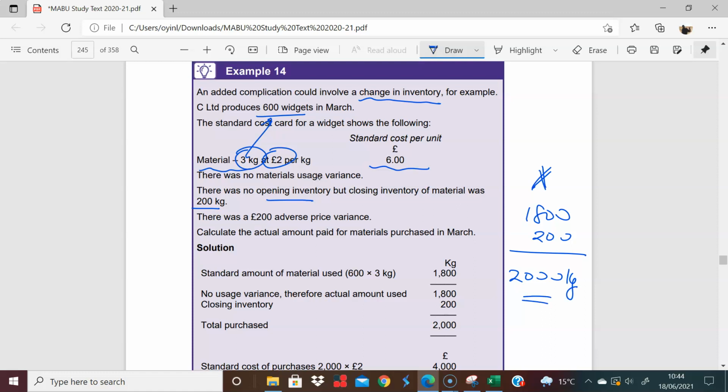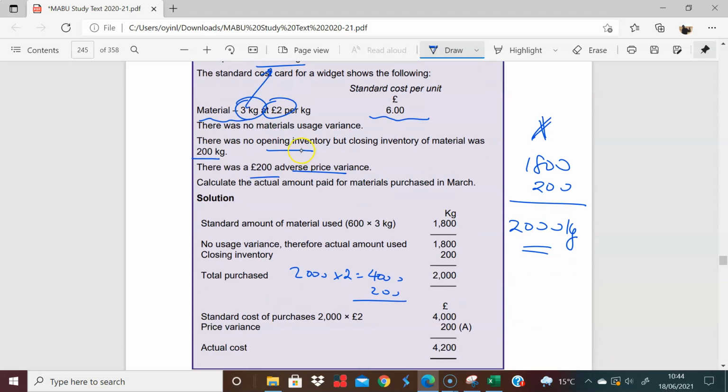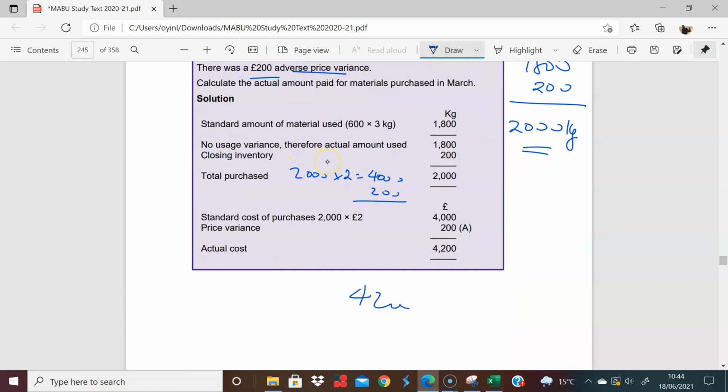The question says you have an adverse price variance of 200, which means you should have spent 2,000 times £2, which is 4,000. But you ended up spending 4,000 plus 200, which is 4,200, because it's adverse.